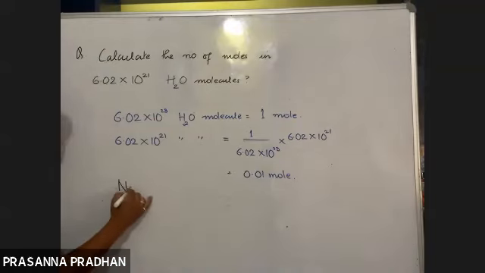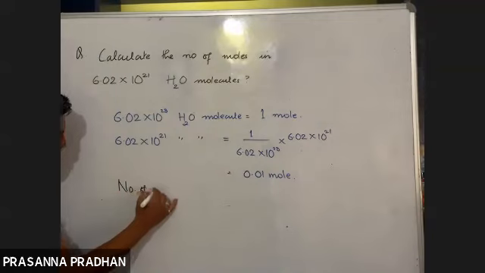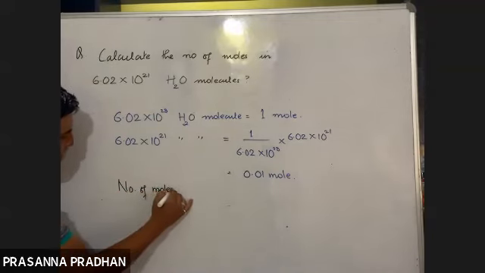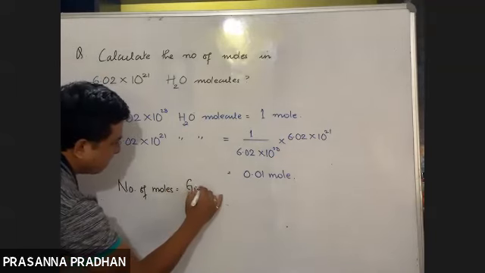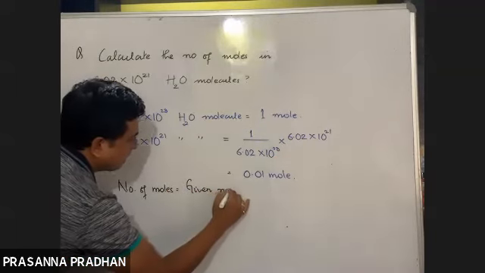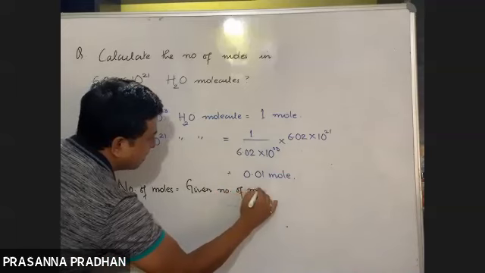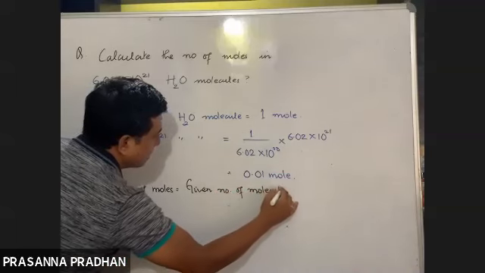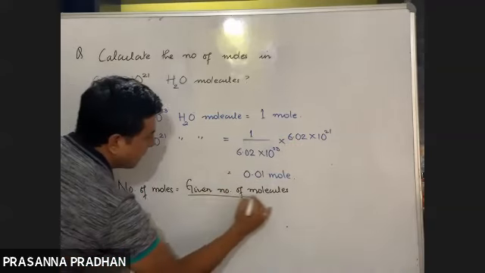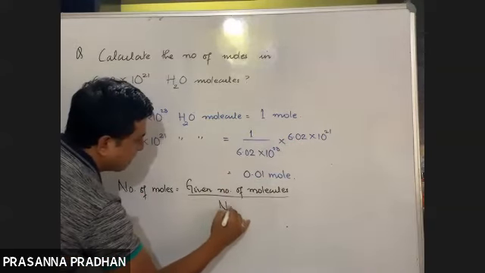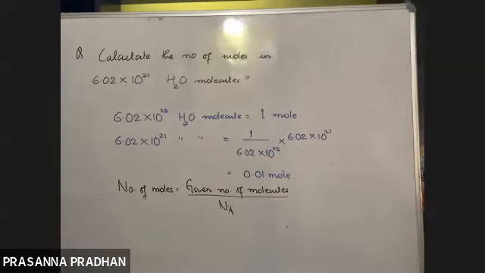Number of moles is equal to given number of molecules divided by Avogadro number.